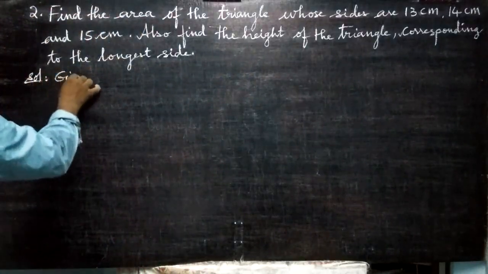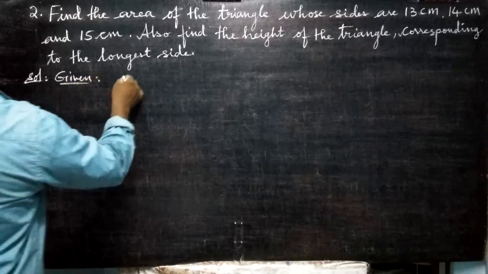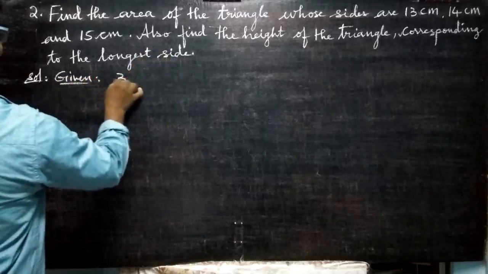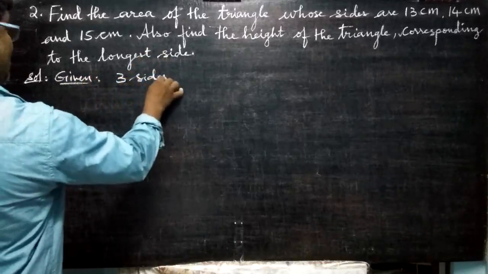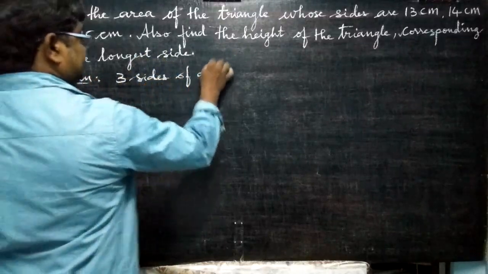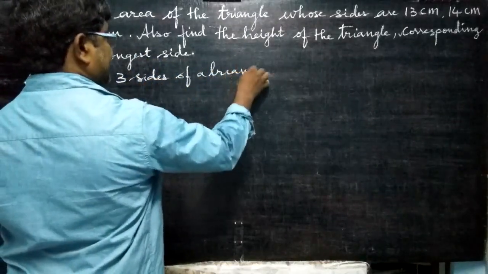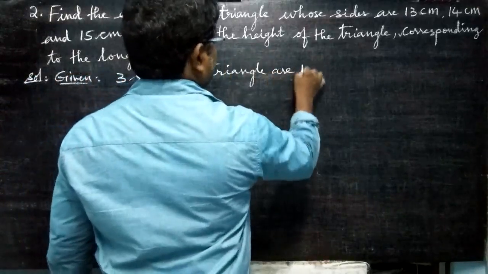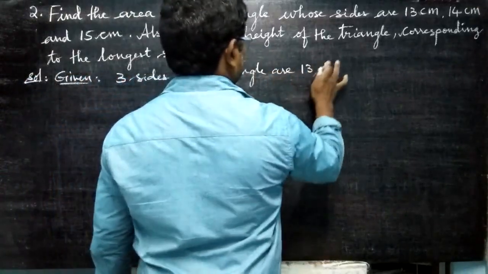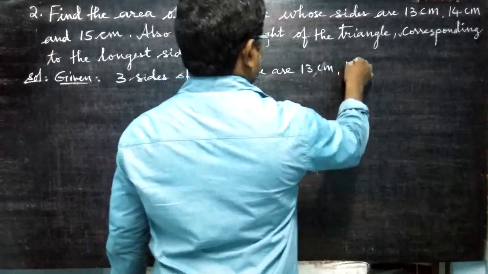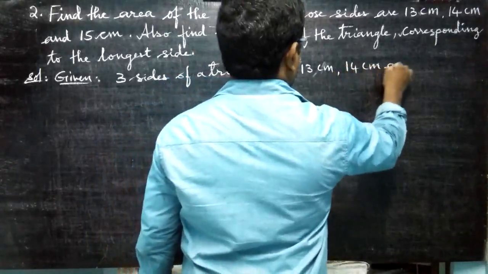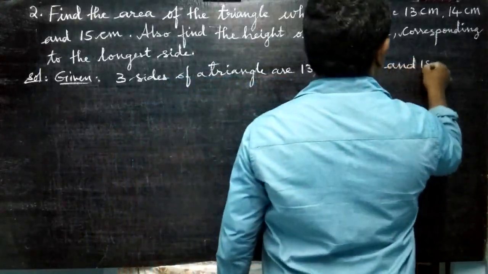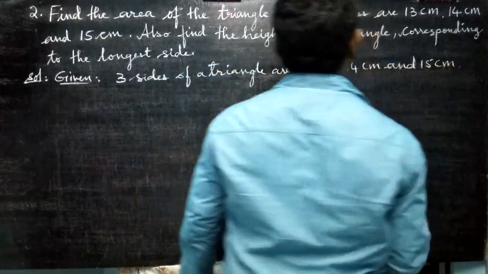Given: the 3 sides of a triangle are 13 centimeters, 14 centimeters and 15 centimeters.